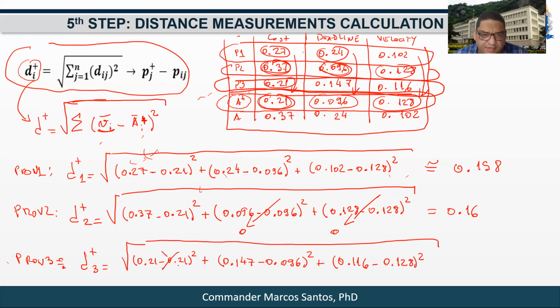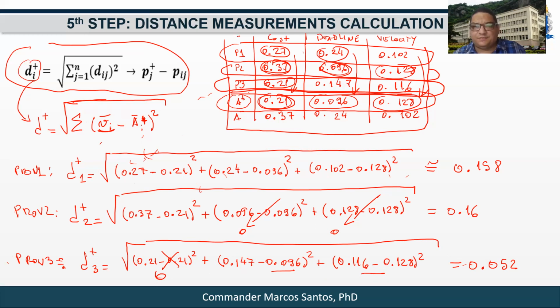And here we have, I'm gonna take 0, and if you calculate with the calculator in your computer, you're gonna take 0.052.